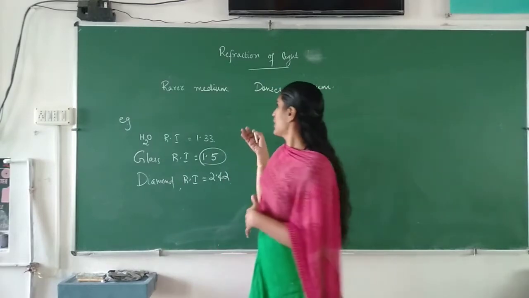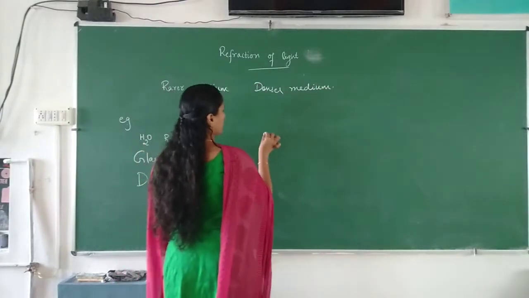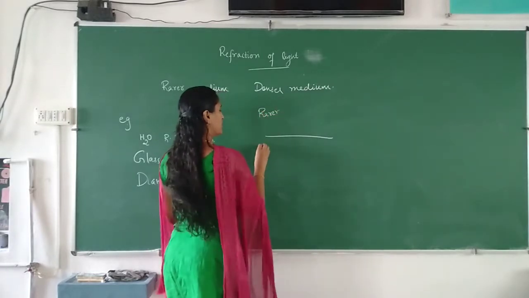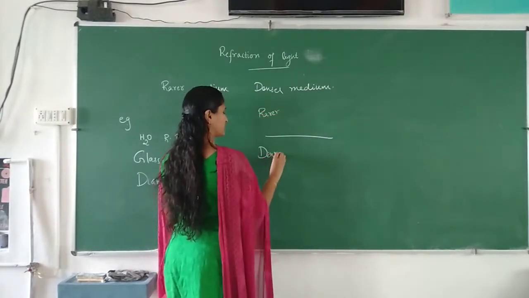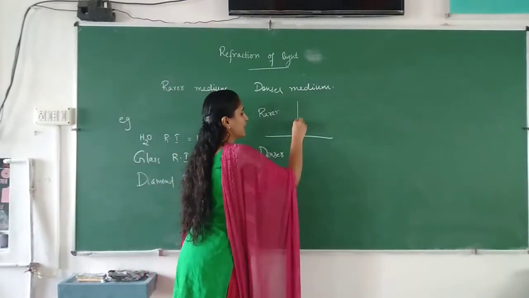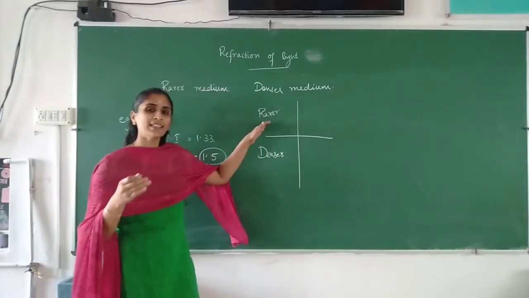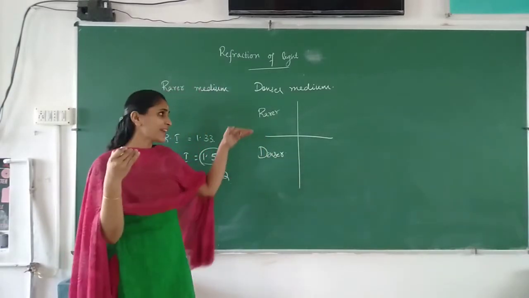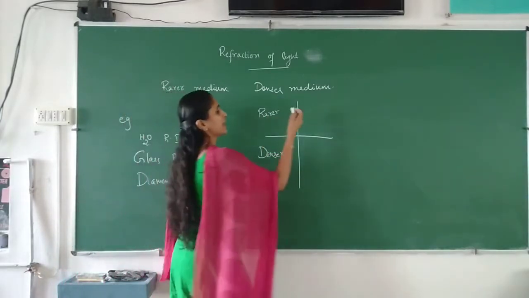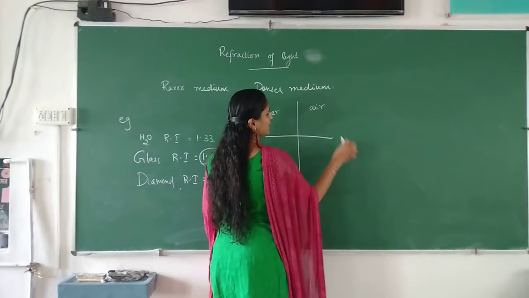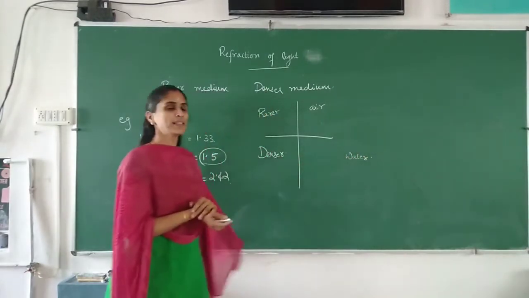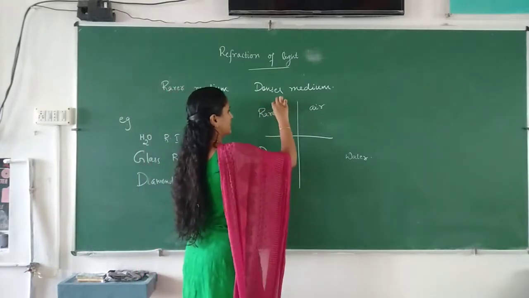And when light is traveling from rarer to denser medium, optically, that means from lesser to higher refractive index, for example air to water, here we consider this our incident ray.